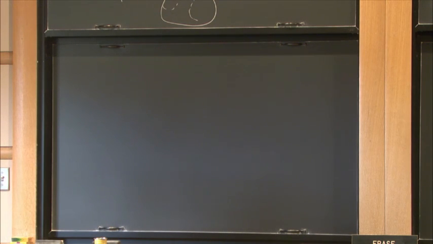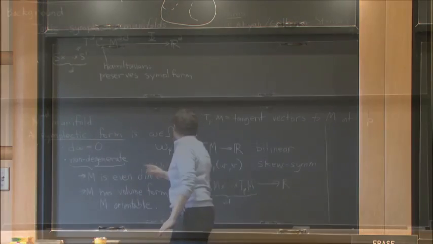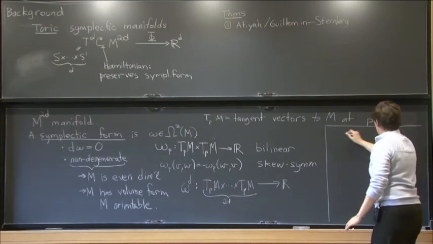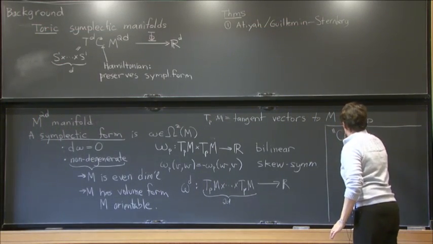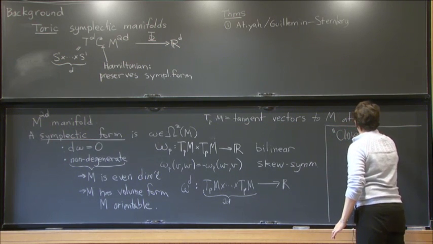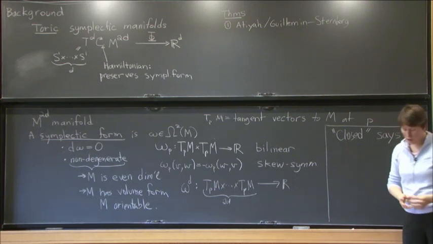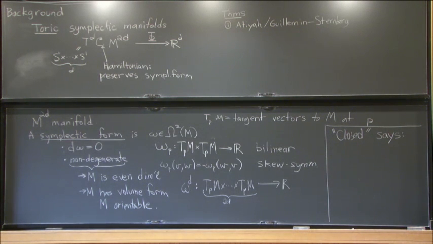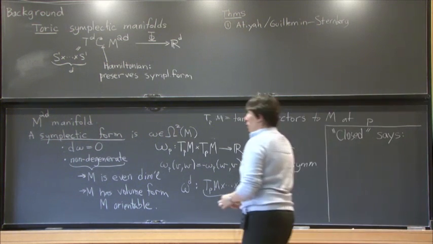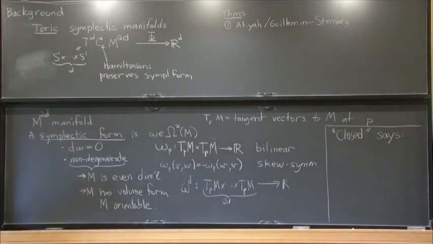Another thing that this closed business tells us. The top volume in the case of the sphere S. Oh, then it would also be the determinant of the flow vector.